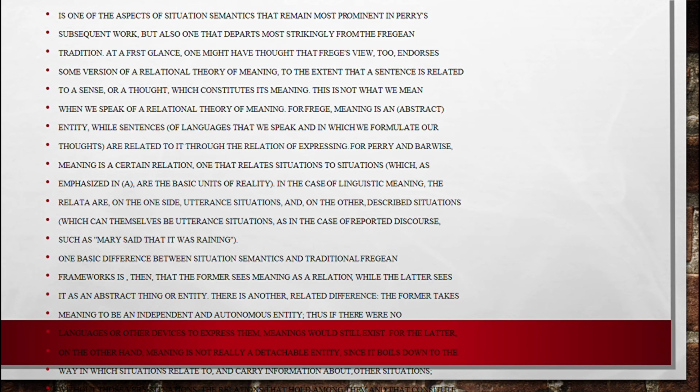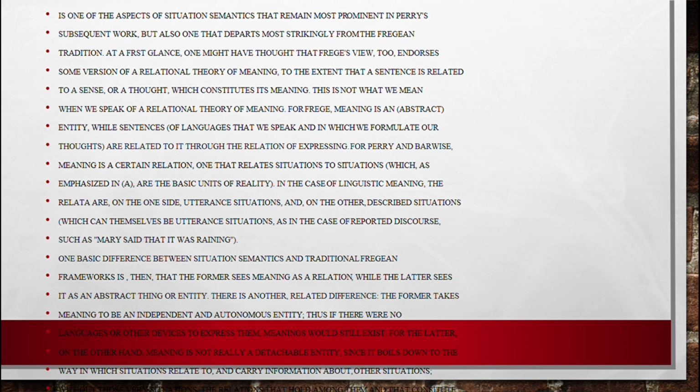One basic difference between situation semantics and traditional Fregean frameworks is that the former sees meaning as a relation, while the latter sees it as an abstract thing or entity. There is another related difference. The latter takes meaning to be an independent and autonomous entity.